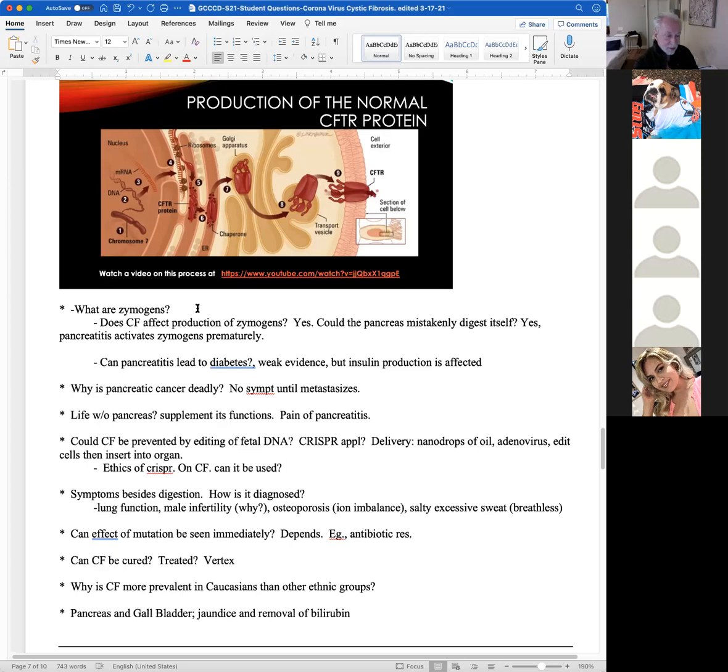As I said earlier, males are infertile because they don't develop a vas deferens to transmit sperm. Often patients have osteoporosis, and that's due to the fact that their bones cannot metabolize properly because of an ion imbalance. And what is the ion? It's chloride. And usually patients have a very salty sweat, again, because of ion imbalances.